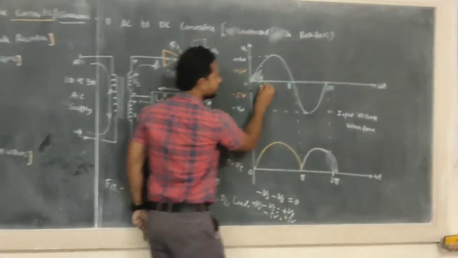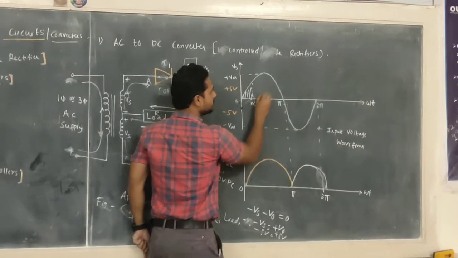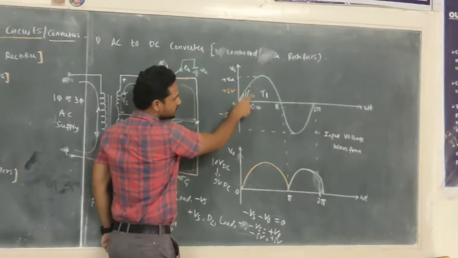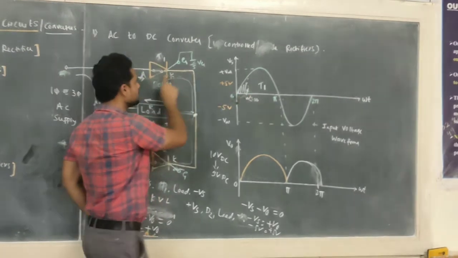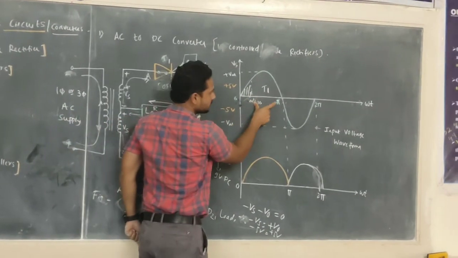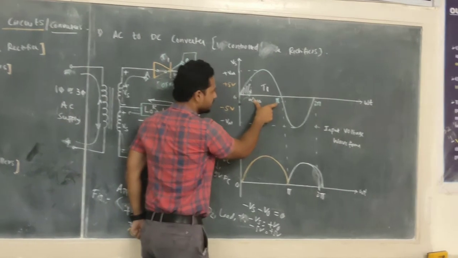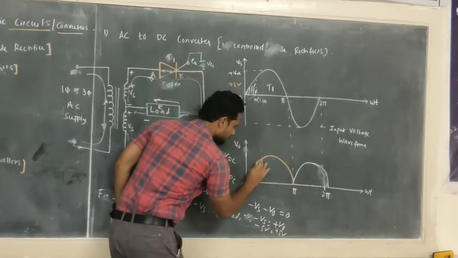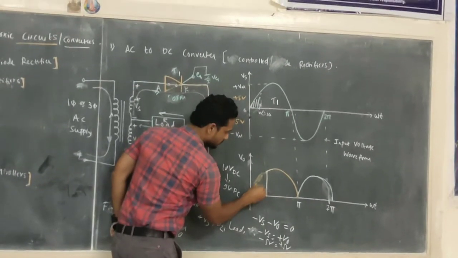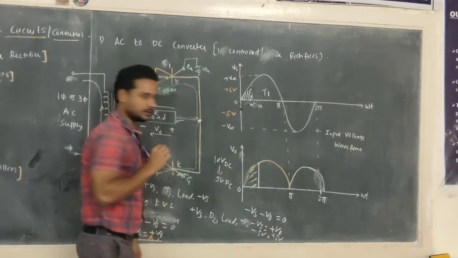Now from alpha to pi, your thyristor T1 will conduct. At alpha, the firing angle which was set for thyristor T1 is reached, and now thyristor T1 will conduct fully. Therefore, up to alpha you will not get the output voltage. So this portion of output voltage will be eliminated.